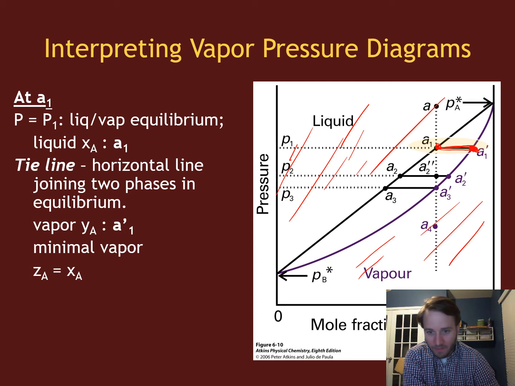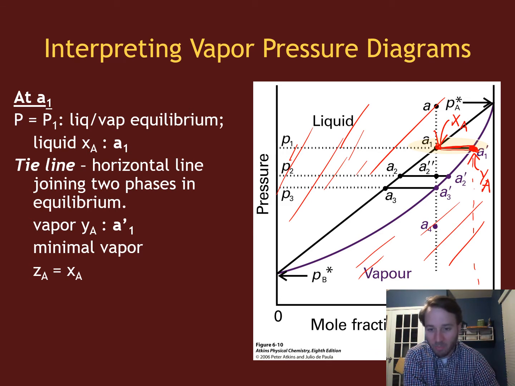This tells me the chemical composition in the liquid phase, and this tells me the chemical composition in the gas phase. Draw a straight line down to the x-axis, and that's how you get the chemical composition of the gas phase. And you notice that they are different, the liquid phase and the gas phase.